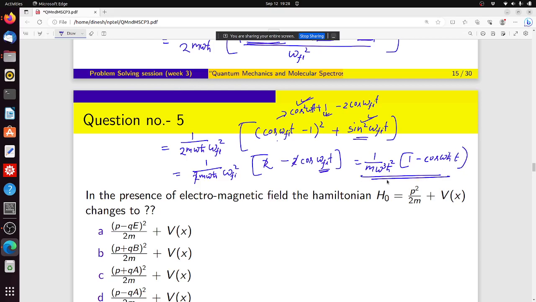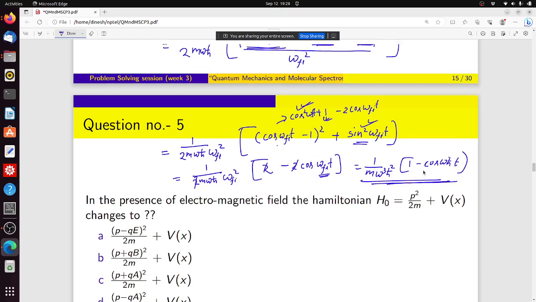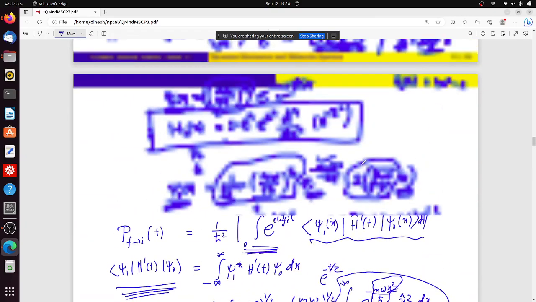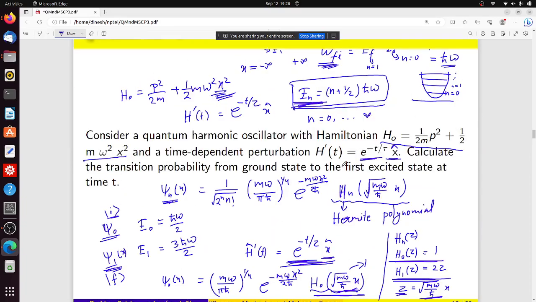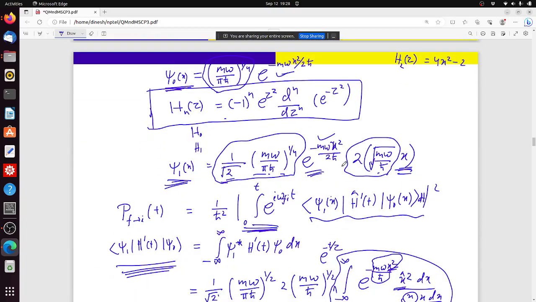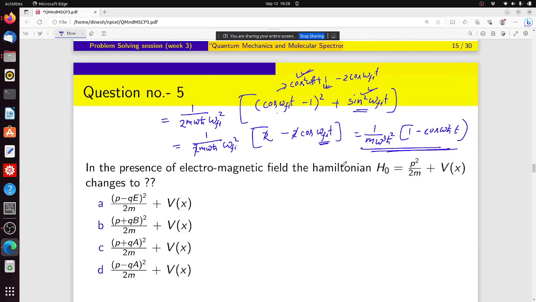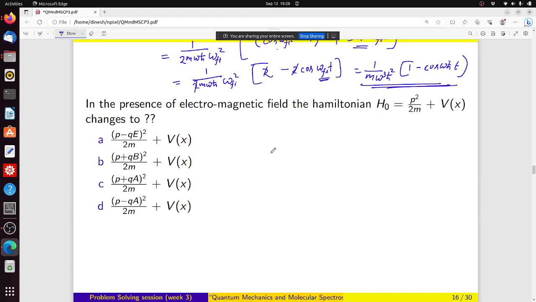This will be the final answer. You do it yourself once and verify if we did this math correctly or not. It's just the integration twice. We did a similar problem 4 times, so now let's do some MCQs.